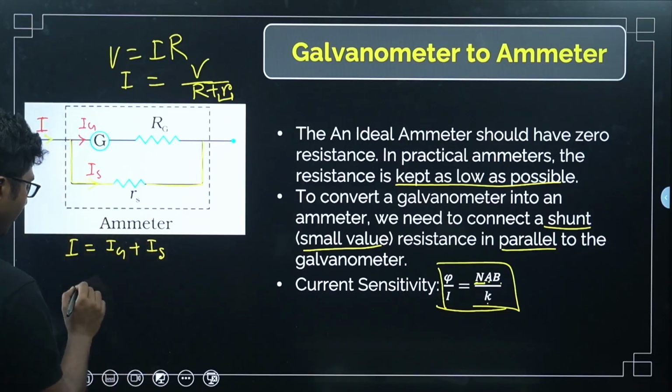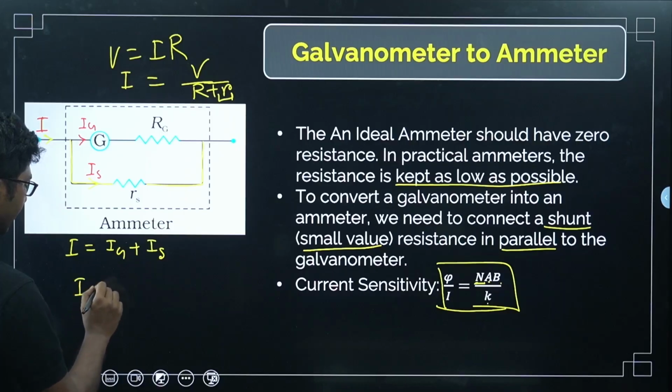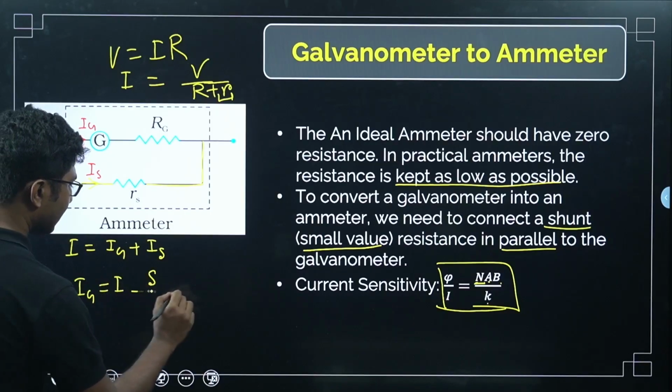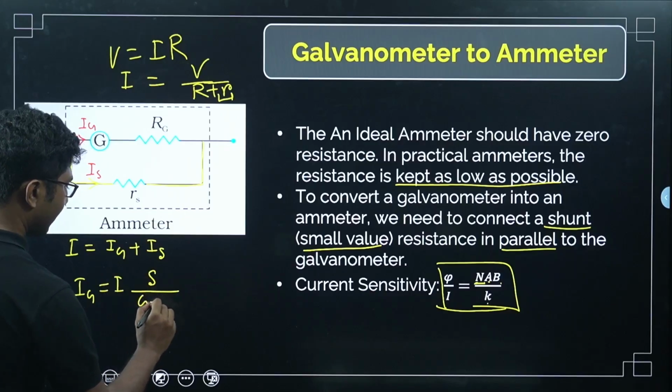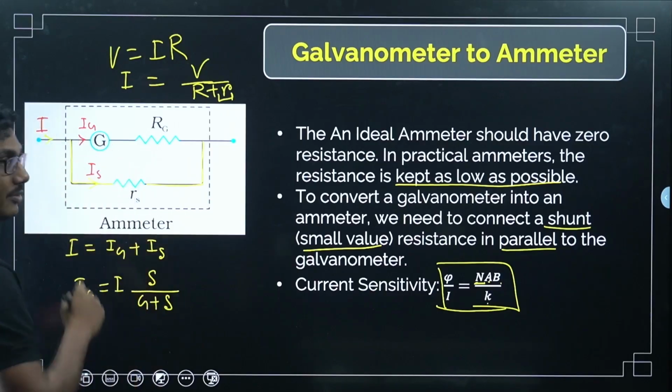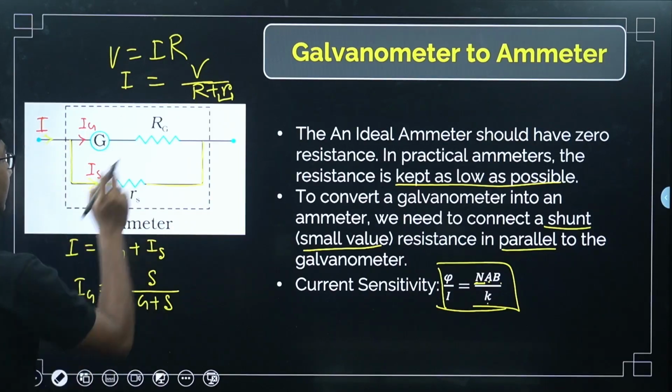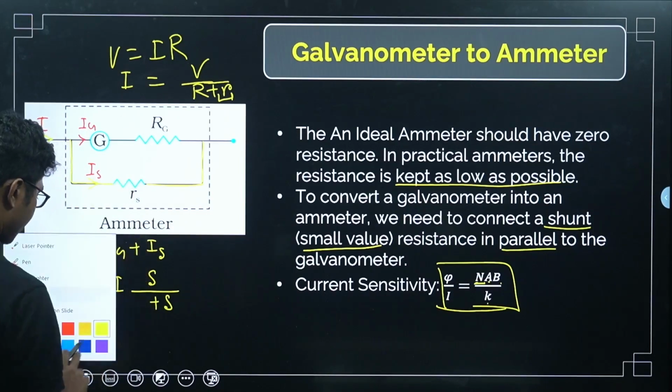Also Ig should be equal to I times S divided by G plus S. G is the resistance of the galvanometer, or Rg. They have mentioned Rg, so I will use Rg.